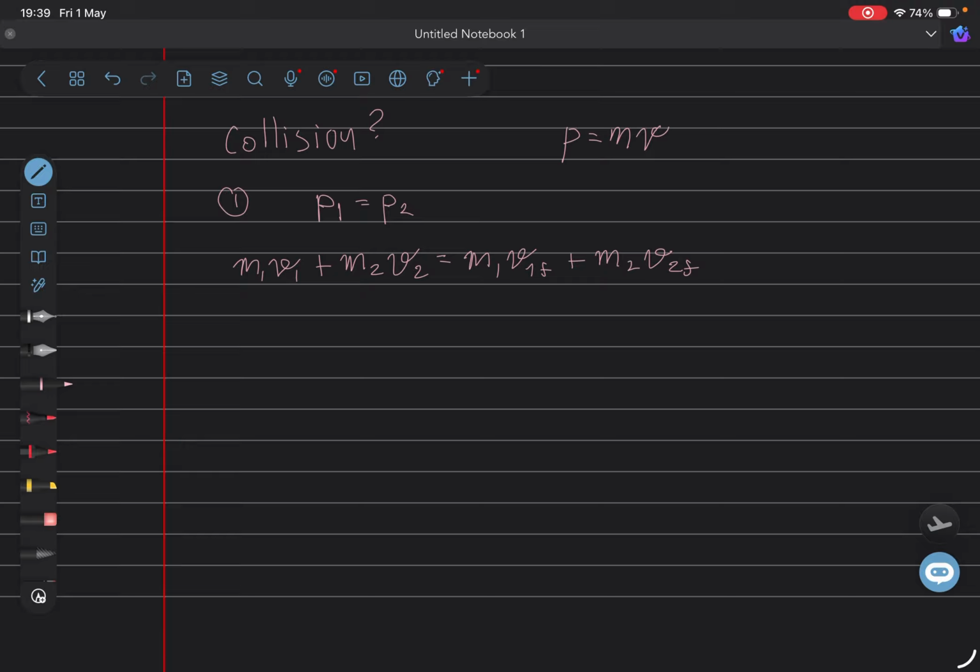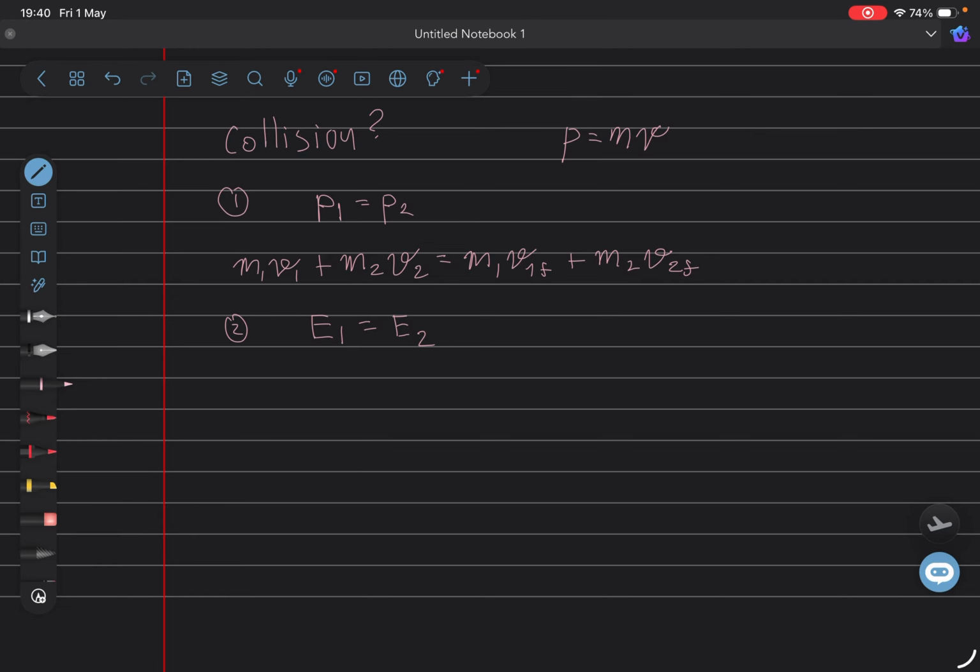Sometimes you can also use the conservation of energy, which says that the energy before equals the energy after. So you could separate it: kinetic energy plus potential energy equals kinetic energy after plus potential energy after.